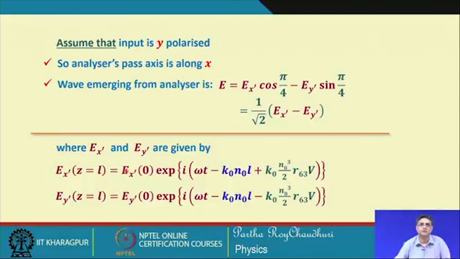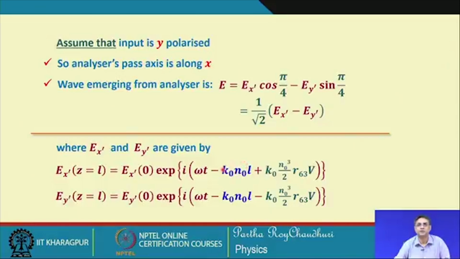So, these two polarized lights E x dash and E y dash will have this phase at the output of the crystal. This includes this phase k 0 n 0 L, which is the phase carried by the x prime polarized light in the absence of any external field.